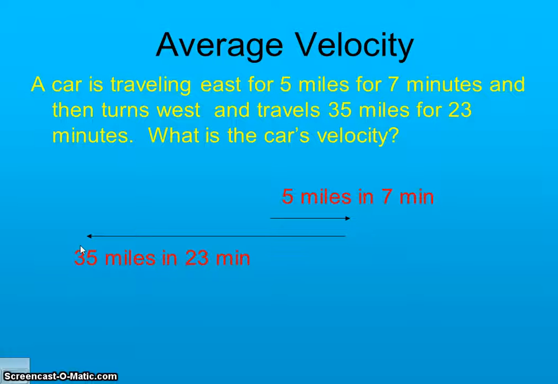Remember what we said before about where you start to where you end. So we'd ask, how far is it from here to here, on a straight line? What you're going to do is subtract 35 and 5, so from here to here is 30 miles.